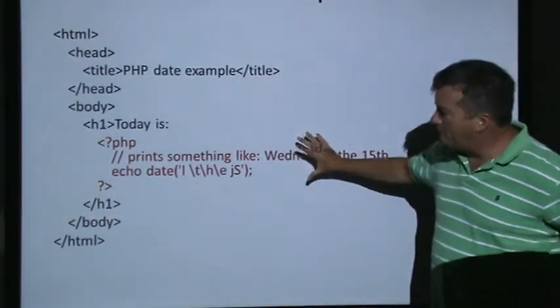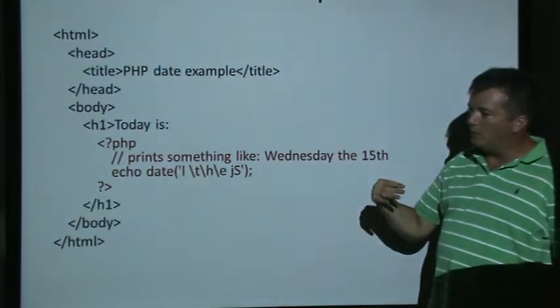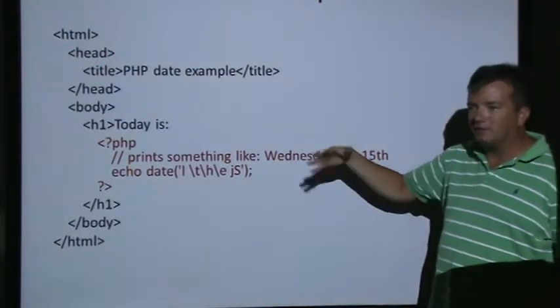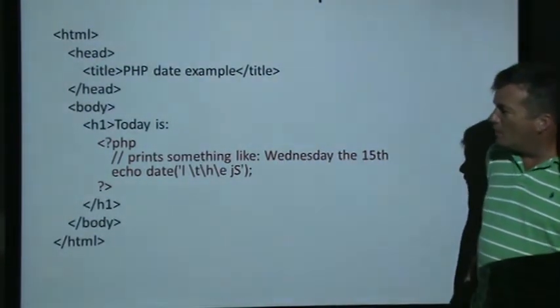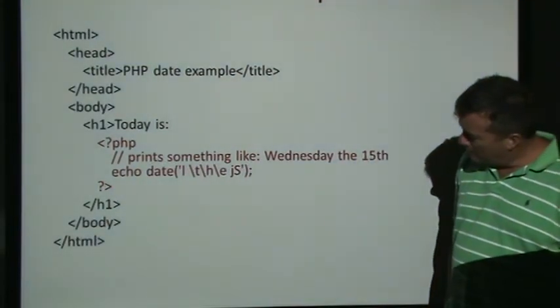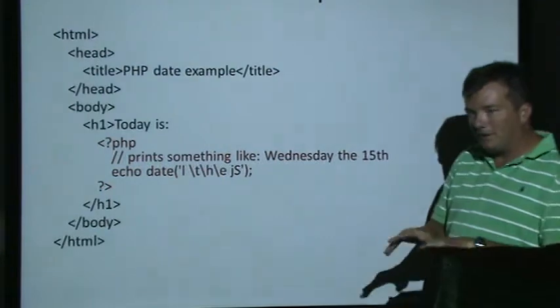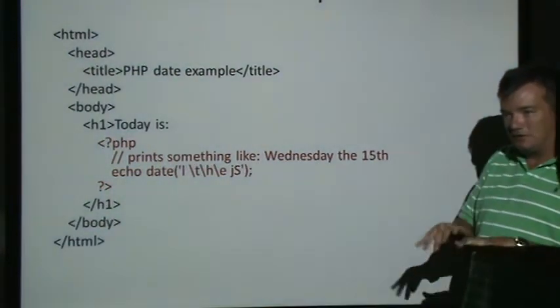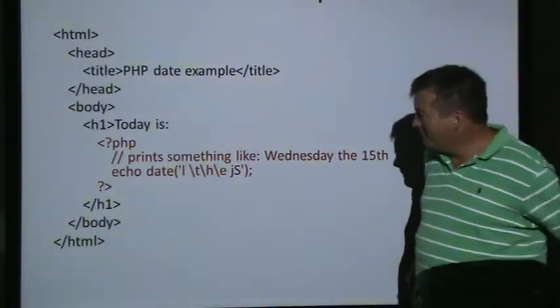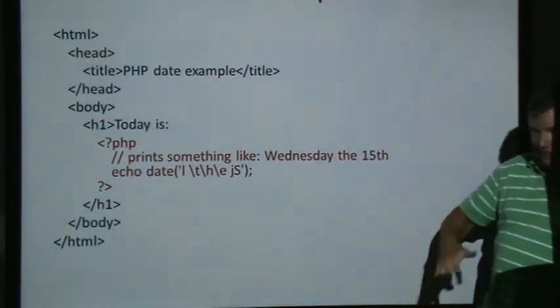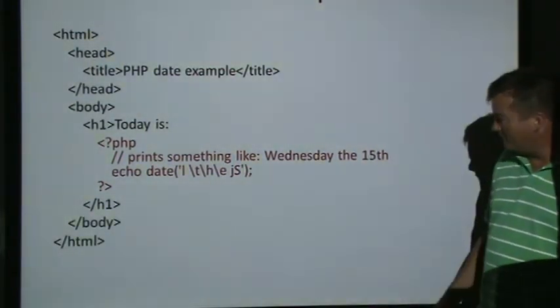But if we wanted the page to change every time we look at it, to say Thursday the 16th and Friday the 17th, one thing we could do is, every day at midnight, log in and update it. Say today's Thursday, at midnight we log in, say Thursday the 16th, and then log in the next night and change it to Friday the 17th.